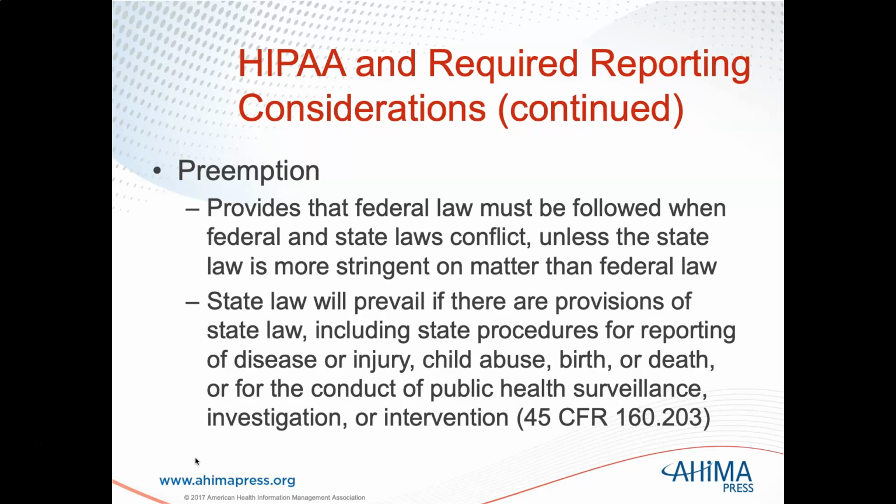We've talked about that before, but it also comes into play here when you're talking about mandatory reporting laws, because you may have state laws that require mandatory reporting on 50 different things, whereas the federal law may only cover 12 or 20. State law will prevail if there are provisions of state law, including state procedures for reporting of disease or injury, child abuse, birth, death, or for the conduct of public health surveillance, investigation, or intervention.